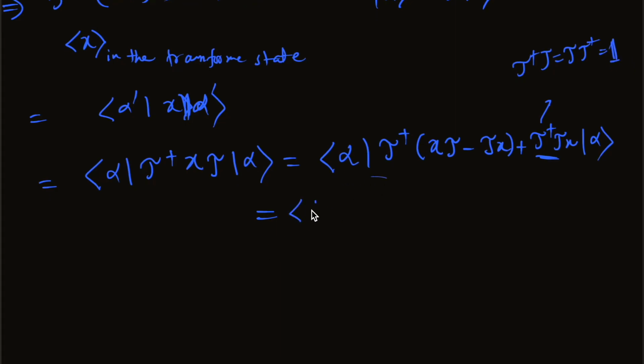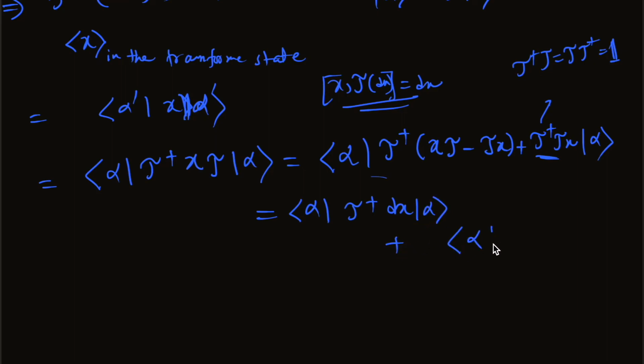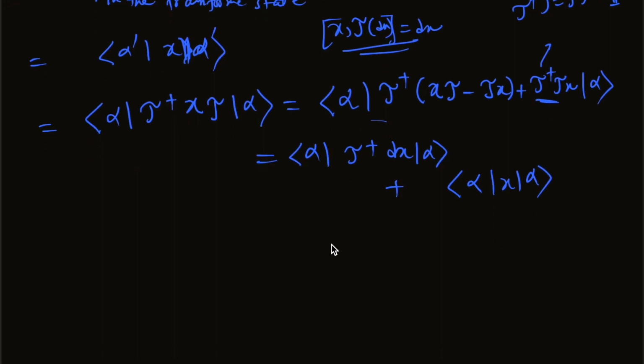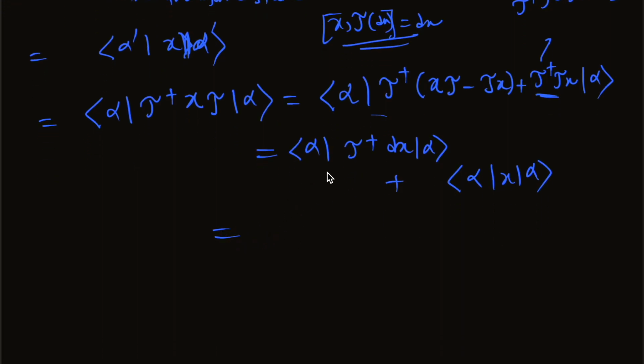That means here it will be alpha, and we know from our lecture that x comma tau dx is equal to dx. That means it is equal to alpha tau dagger dx alpha plus alpha x alpha. And let us check what is the value of tau dagger dx.